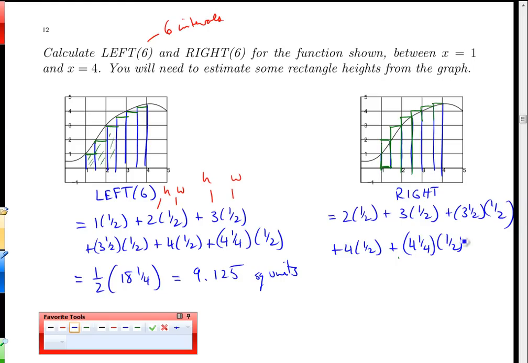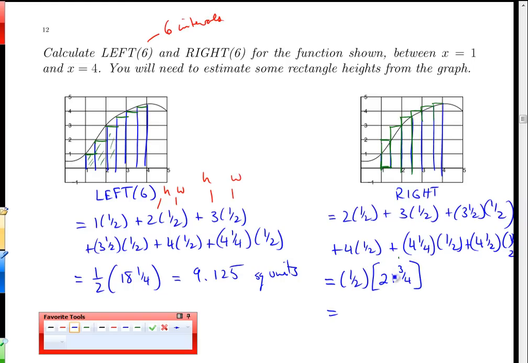And the last one looks like 4.5 and width of a half. And so again, we can bring the half factor out front of everything, and we'd have 2 plus 3 plus 3 is 8, 12, 16, 20, 21 and 3/4.